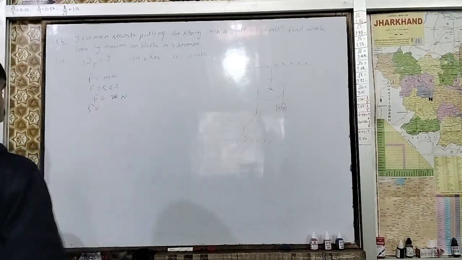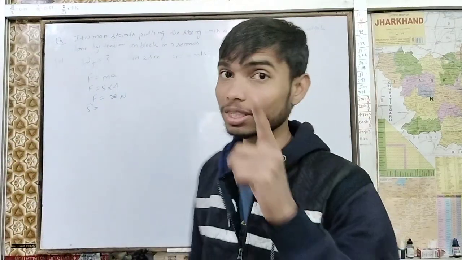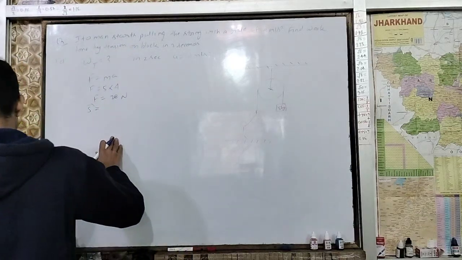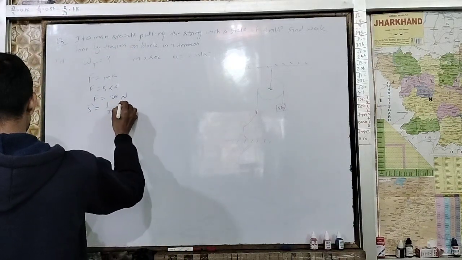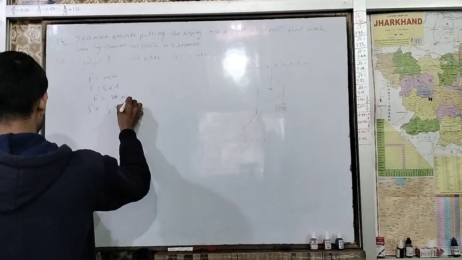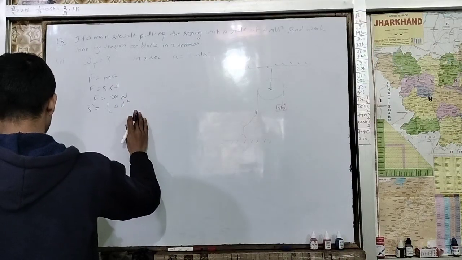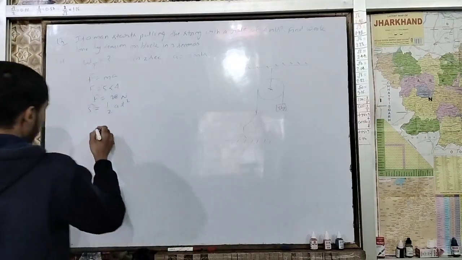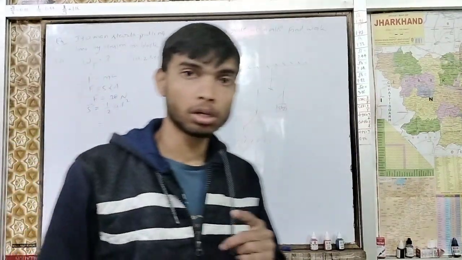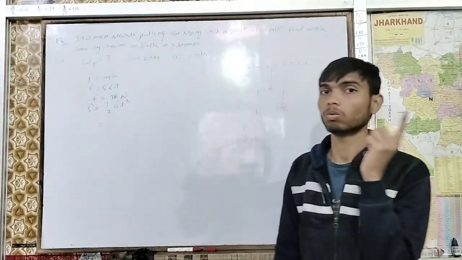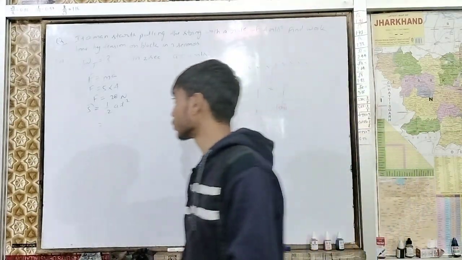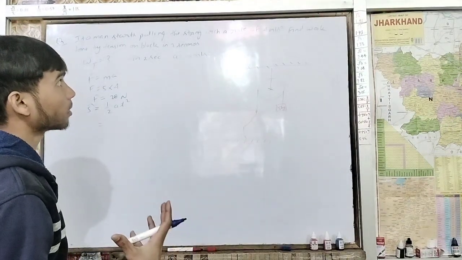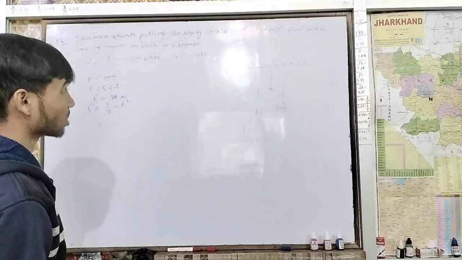Now, what is the displacement? To calculate the displacement in 2 seconds, we will use the second equation of motion: half a t squared.